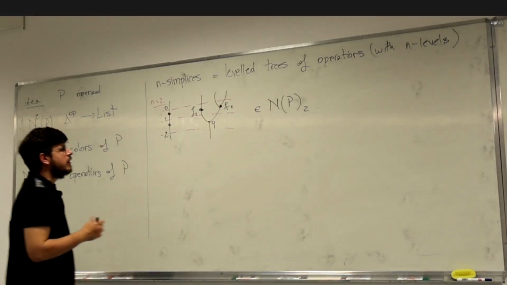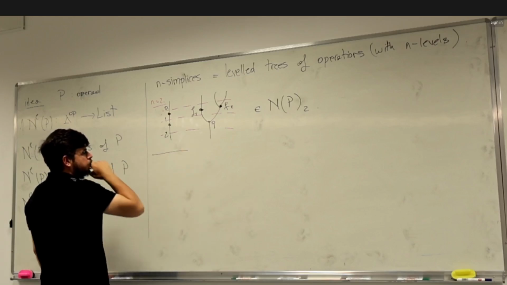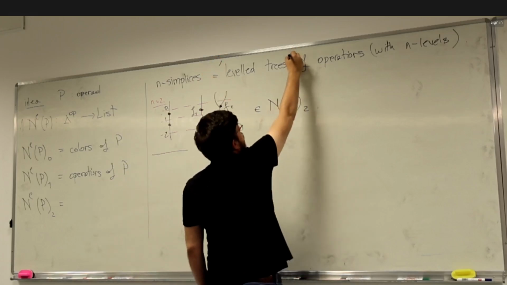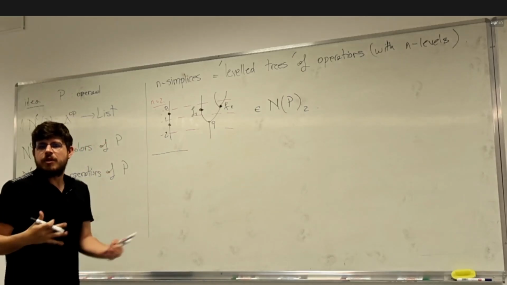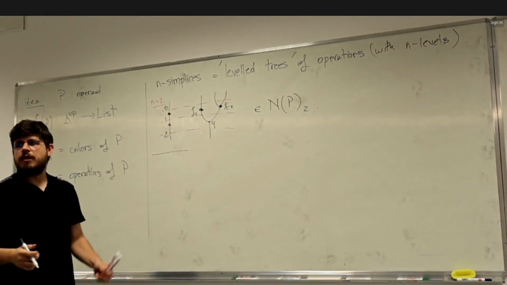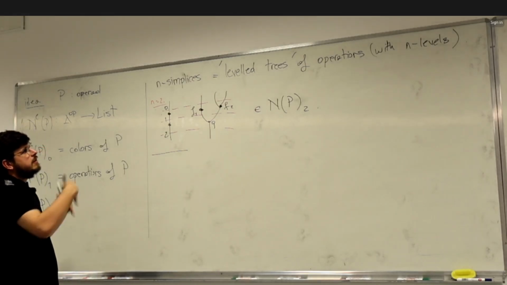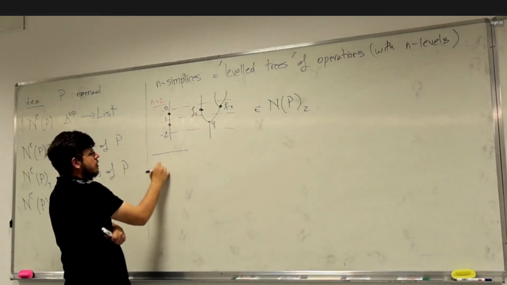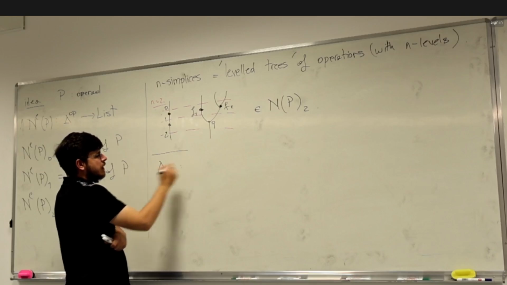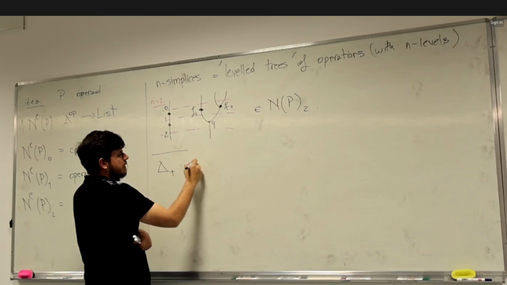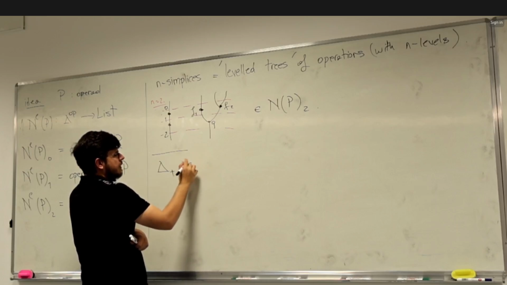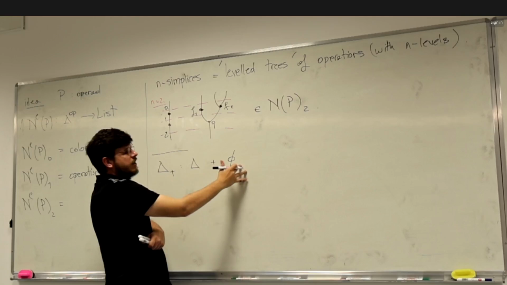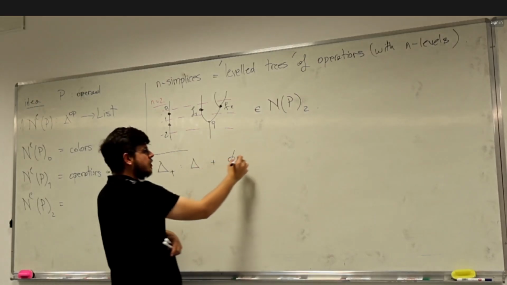Okay, but the problem is, if I just say leveled trees, it's not really well defined, although there are many ways to say what it is. And the way we record them is the following. Consider delta plus, which has the empty ordinal as initial object.